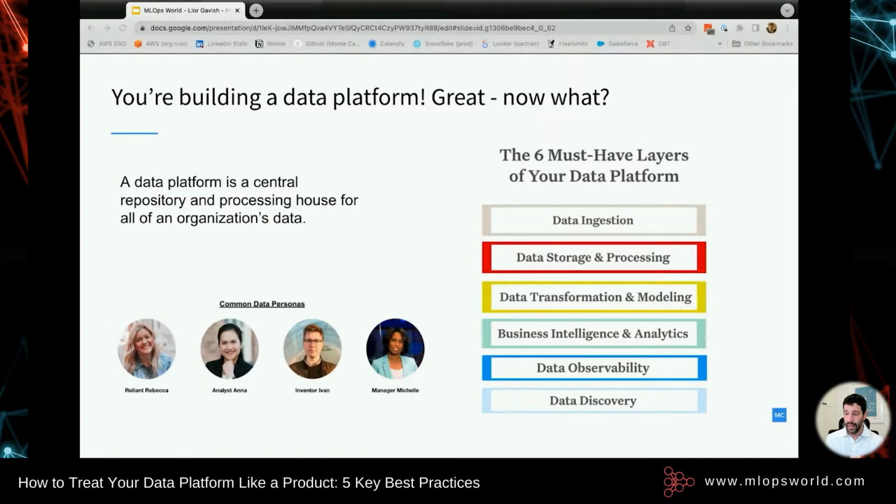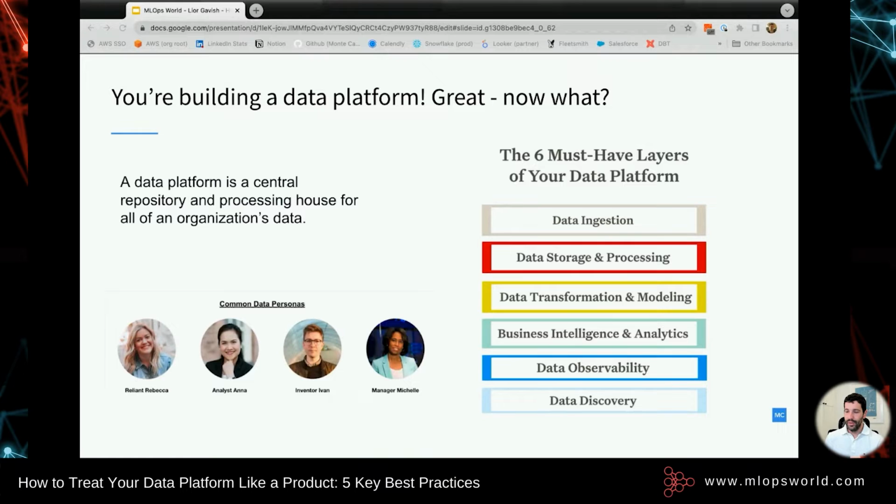And then many great data platforms will also have a data discovery tool, which allows various stakeholders to find out what data exists in the platform, how to use it, which data sets to trust, et cetera. And so that's what a data platform is.